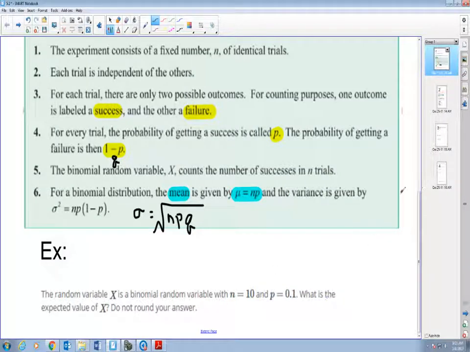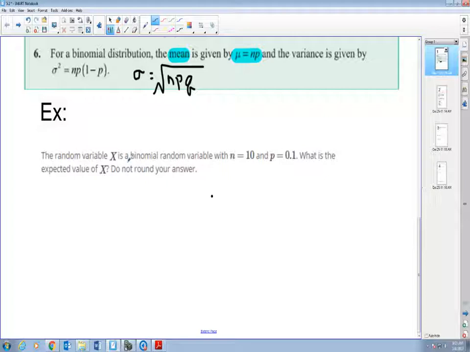Let's do an example. The random variable X is a binomial random variable with the number of trials being 10 and the probability of success being 0.1. What's the expected value?